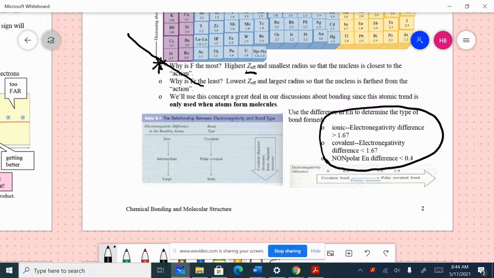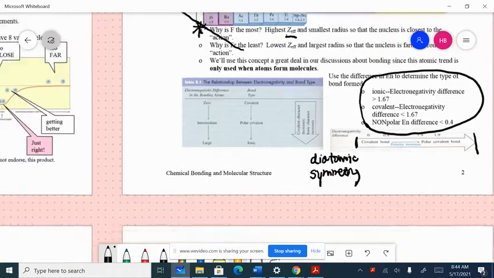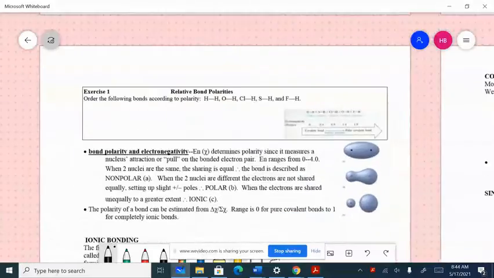The only truly nonpolar covalent molecules here are going to be diatomic elements, or a bond between two identical elements, or compounds with symmetry. And everybody else is going to lie somewhere on this scale until you get to the greatest electronegativity difference, which would be between francium and fluorine, and everybody else lies somewhere in between.